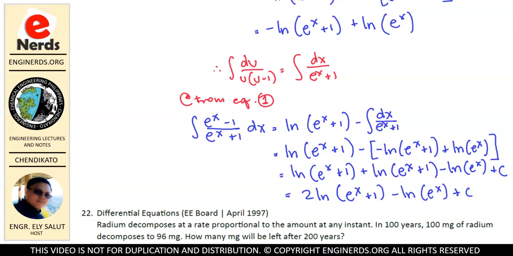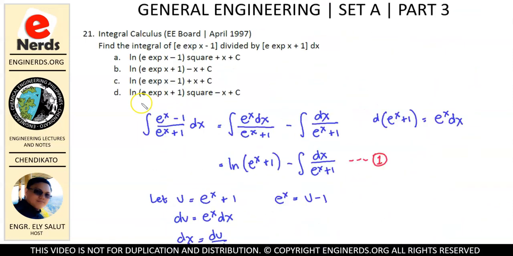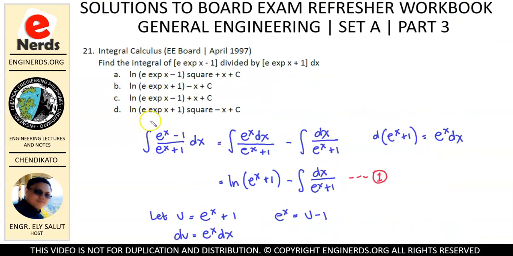So this is our final answer for this problem. Let's check our choices. Letter D, we have ln of (e to the x plus 1) squared minus x plus c.